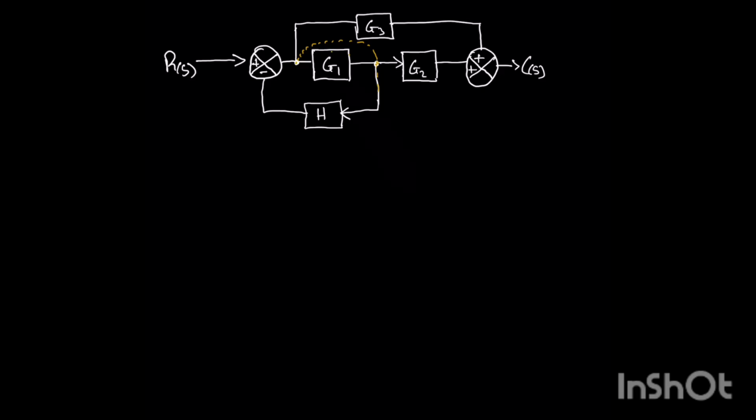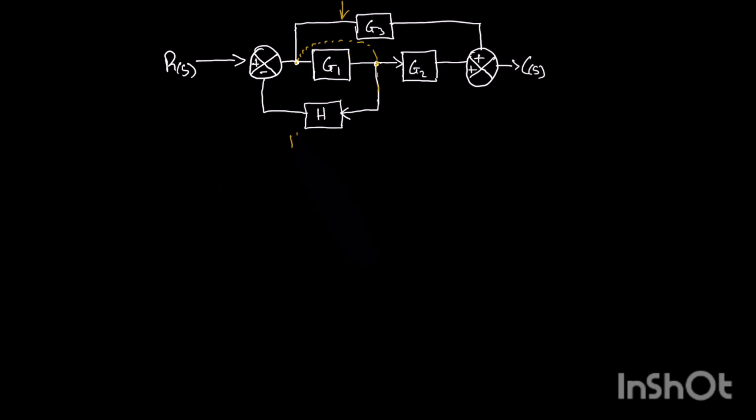So this is the actual gain, G1 now. So we are going to add the inverse of the actual gain on the branch point you are moving.